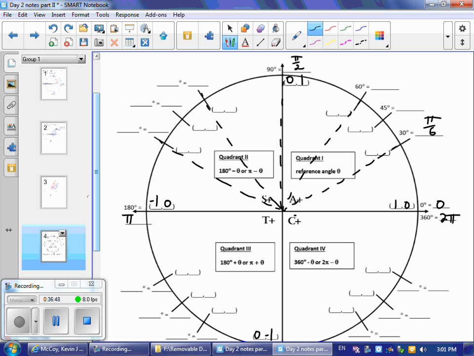If you use the same logic here, if I divide into 60, 60 goes into 180 3 times. So if I'm going to take pi and divide it into the same increments, I'm dividing pi into 3 equal wedges, which is pi over 3.